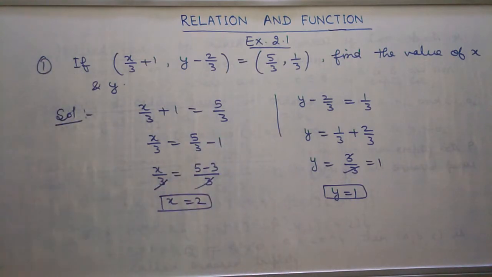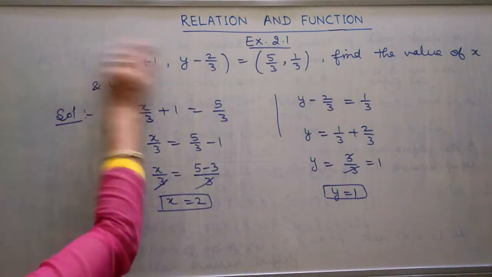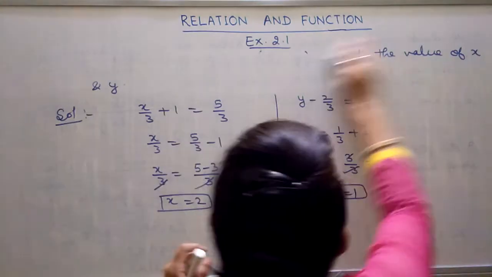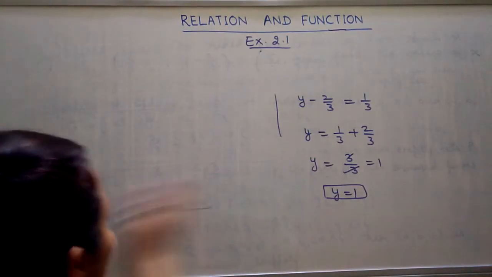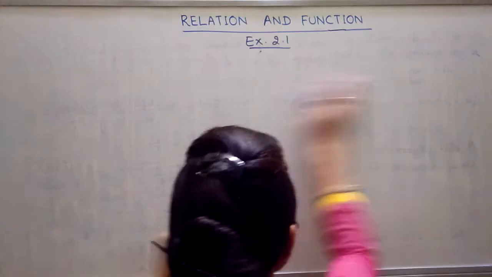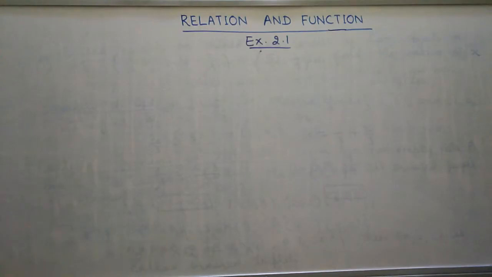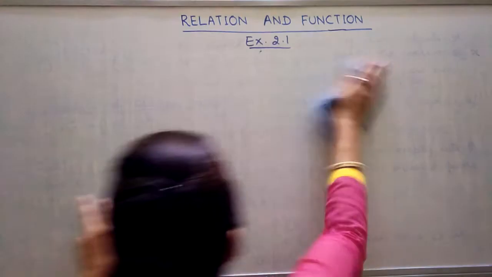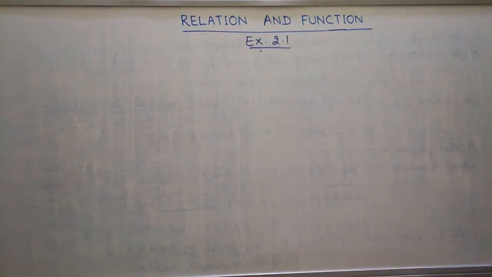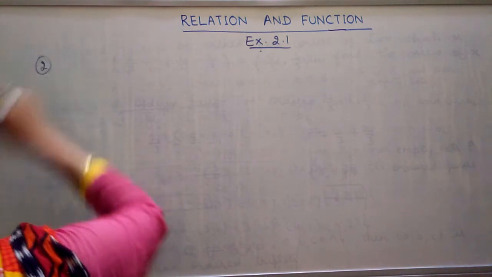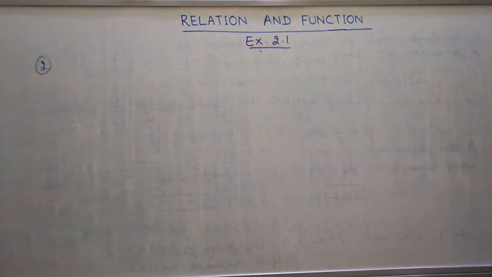Okay, now come to the second question of your exercise 2.1. A very simple question. The second question is also very simple. I will take the question from your book, that is NCERT. How can you solve it? First of all, I will write the statement, question number two. What is the statement?